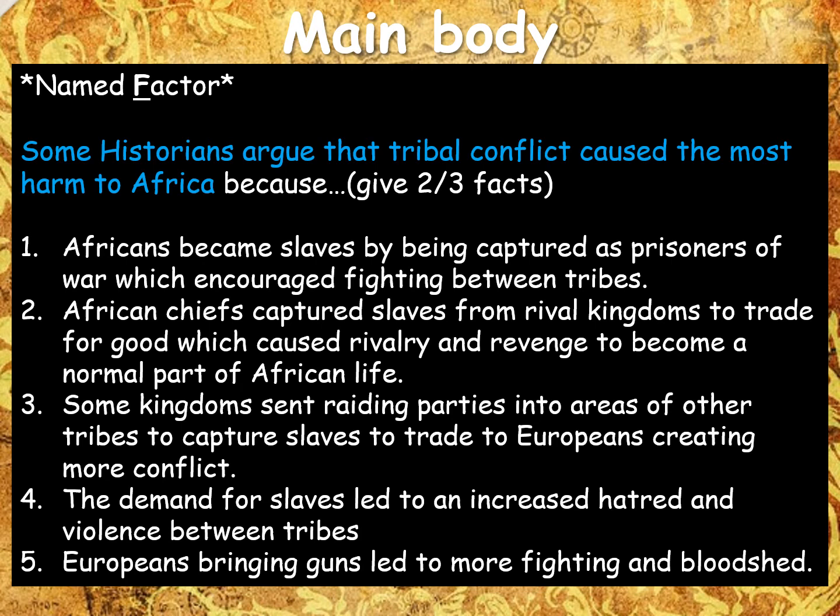And then we pick a last one, so I might say, the demand for slaves led to an increased hatred and violence between the tribes, which caused a lot of harm to African society. And I finish my sentence there. Once I've done my main body, I move on to my next paragraph. So you maybe want to pause the video here, write out your main paragraph, and then move the video on to look at your next one.